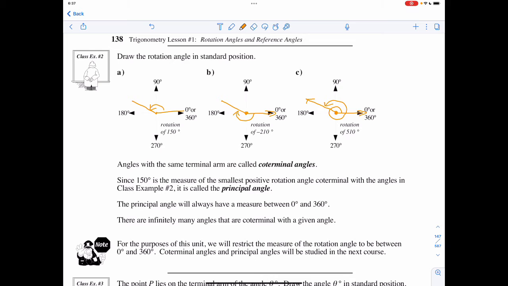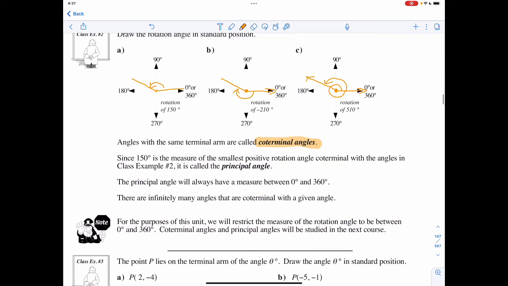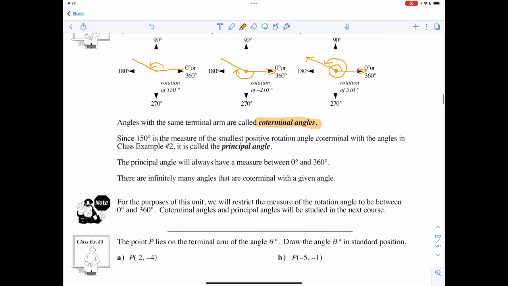We call these coterminal angles. Co meaning that they're going to cooperate or line up with each other, like collinear, and terminal because they have the same position for the terminal arm. Since 150 degrees is the smallest positive rotation, we call that the principal angle.